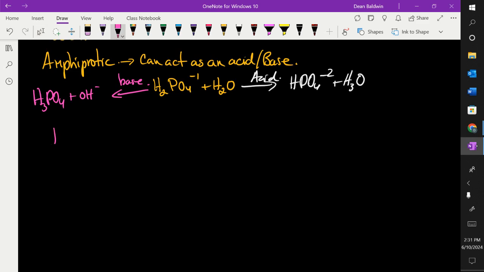Hydrolysis. So this is the acidic or basic salts. Remember these? So say I have K, what would be negative? Potassium fluoride.